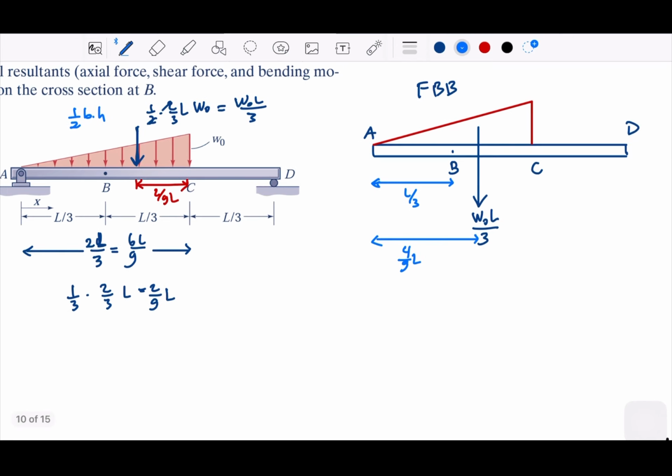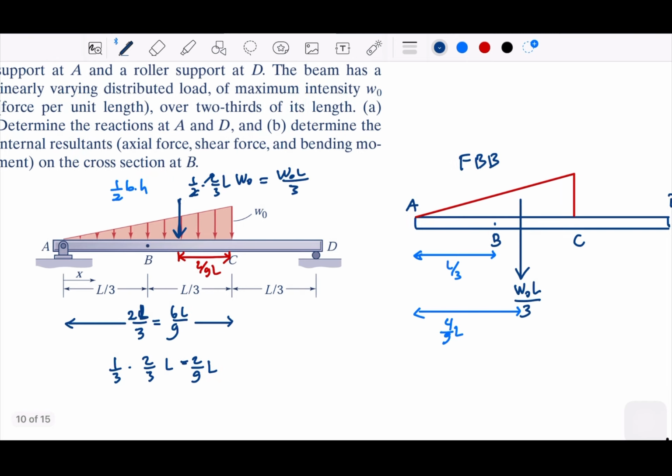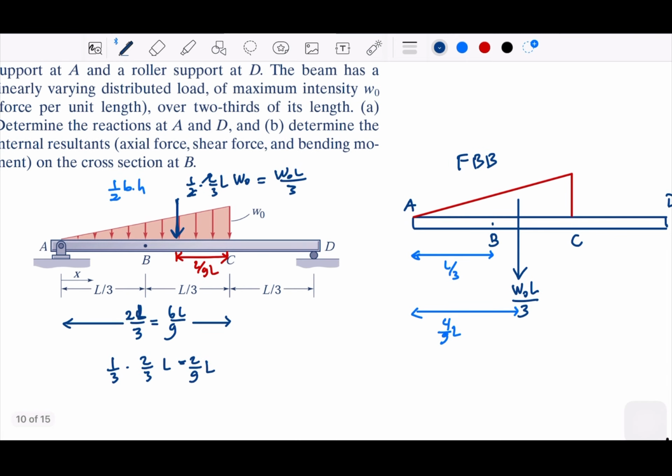Okay, next. Because the question is asking the reaction at A and D, we need to write the reactions. So this will be the reaction AX.